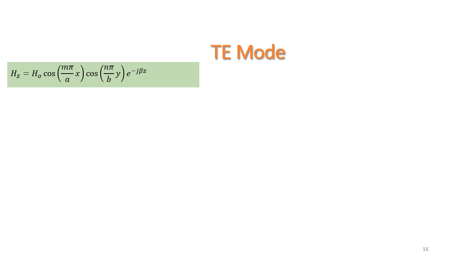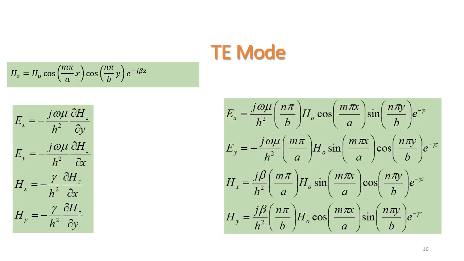So the final field equations in the case of a rectangular waveguide in the TE mode will be like this. You can note down the equations, and this is about the TE mode.